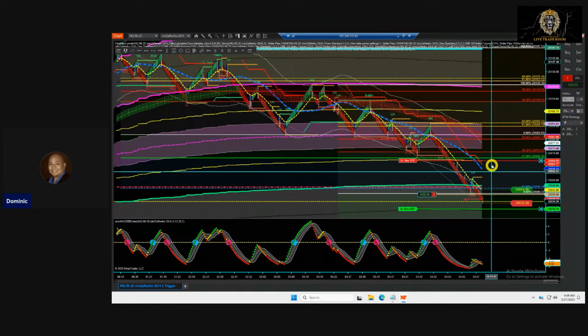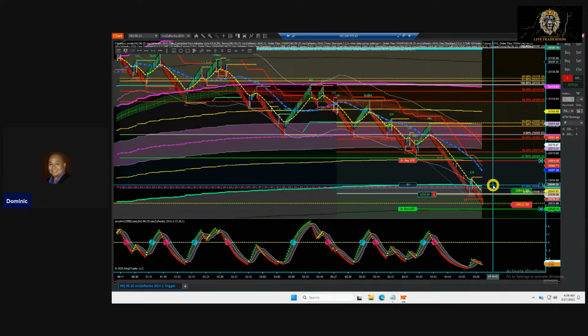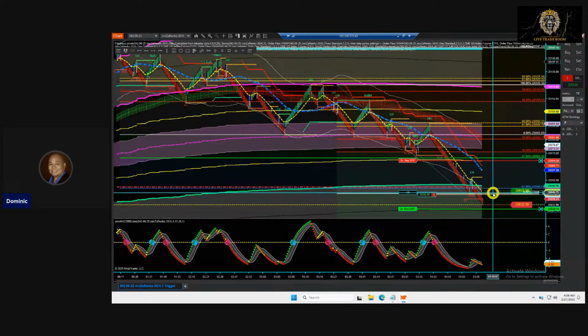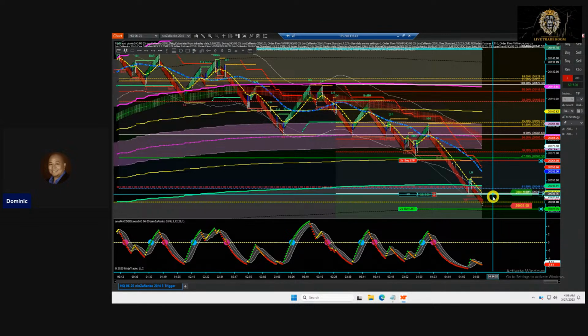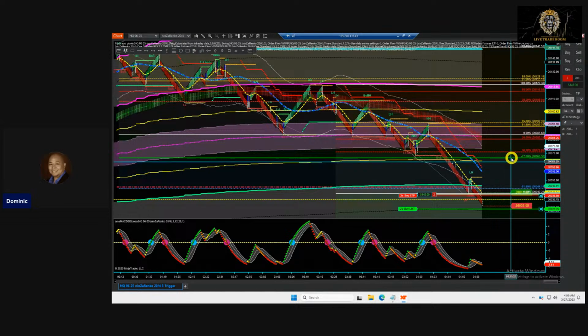Let's see if I can tighten up my stop here. I don't want to be too tight, but I don't want to concede a loss either. I'll take a small profit.